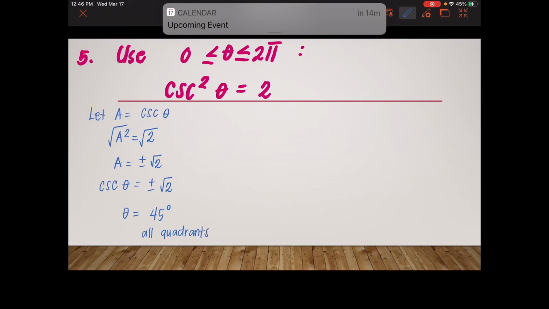So what will be the value of our theta? That would be 45 degrees. We know that our denominator should be 4. Pi over 4 is 45 degrees. Now, in all quadrants.